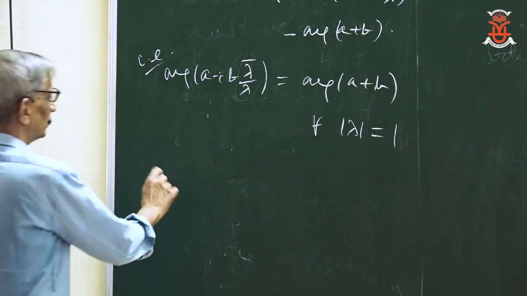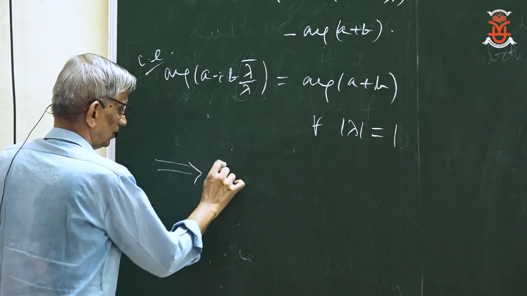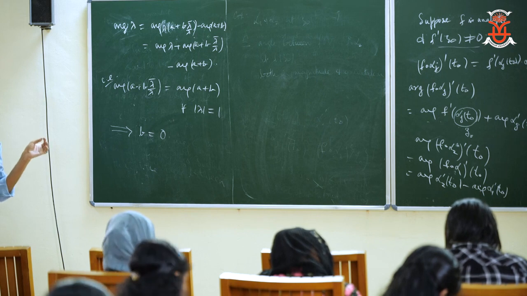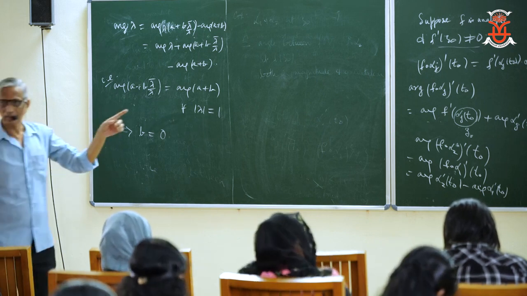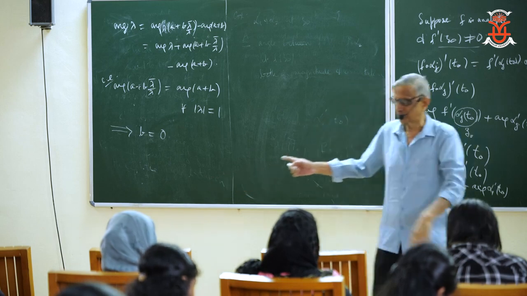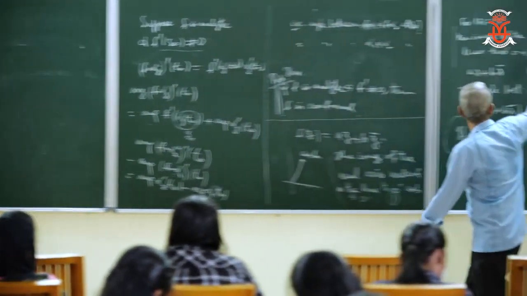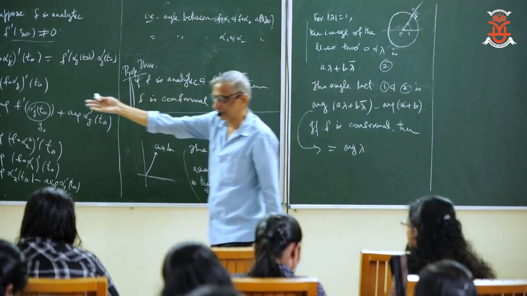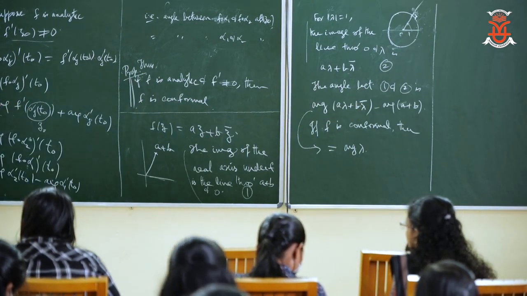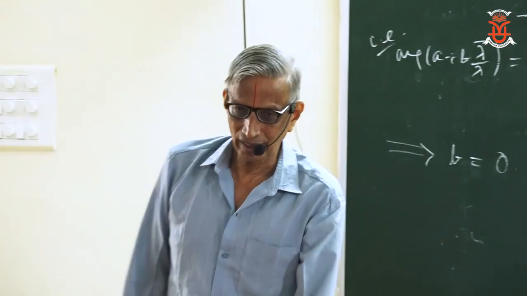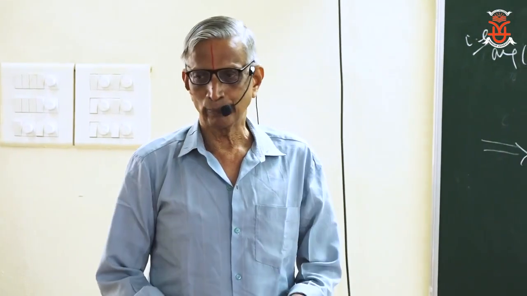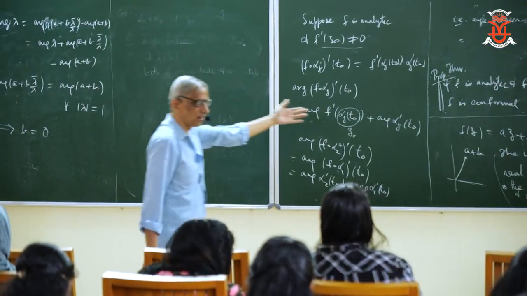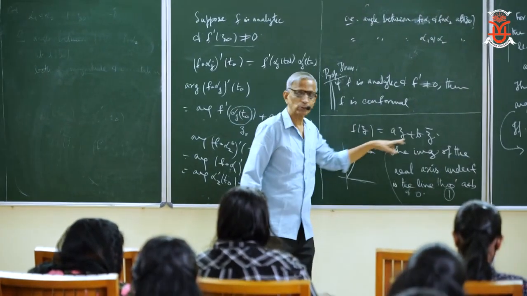So this implies, okay, is this okay? As lambda keeps changing over the entire circle, if B is not 0, this argument is going to keep changing, right? So the only way that this can happen is when B is 0. So that's what we thought in the beginning, and so that's what we proved.